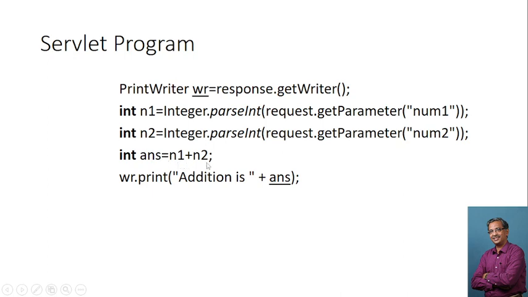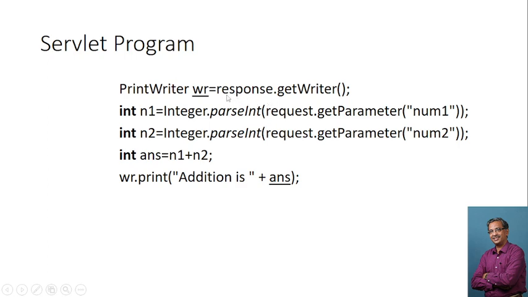Now this data we want to display on a website, on Chrome or whatever web browser you are using. To display data onto the web browser, we take help of the response object.